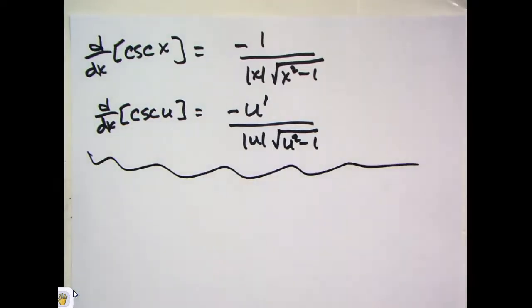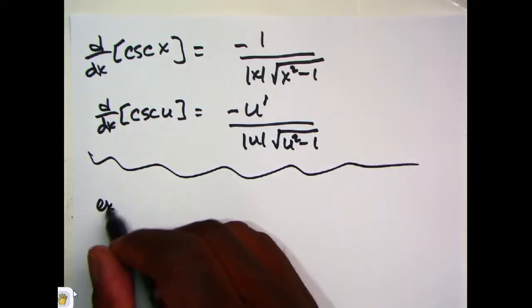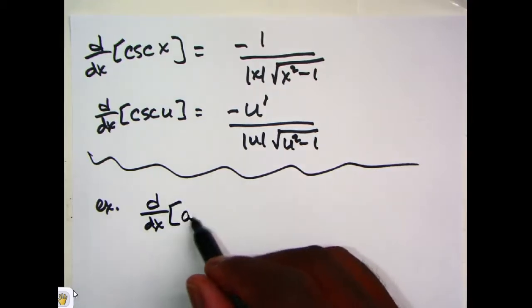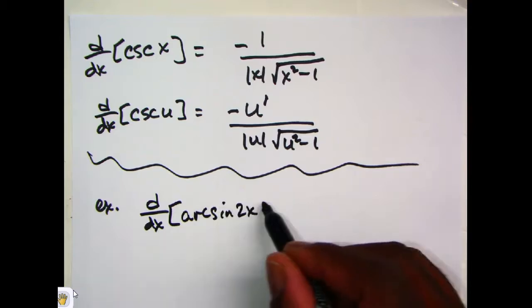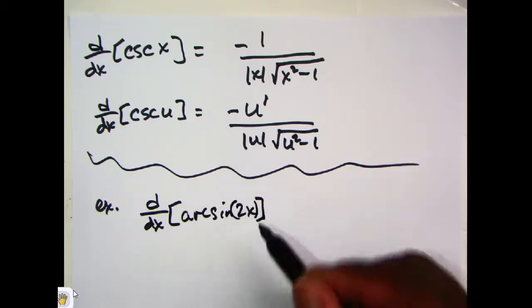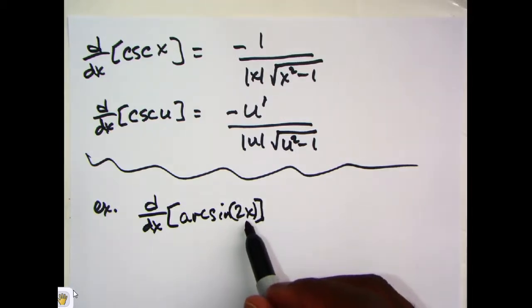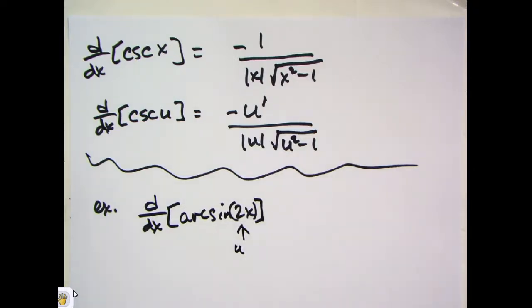Okay. Let's take a look at some examples. What is the derivative of arcsine of 2x? All right, so in this example, it's a chain rule. So we have a u. Our u is equal to 2x. So the derivative of arcsine of u is what? If you have it memorized, the derivative of arcsine of u is u prime divided by the square root of 1 minus u squared.